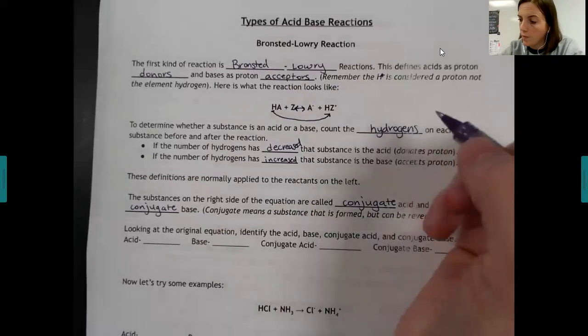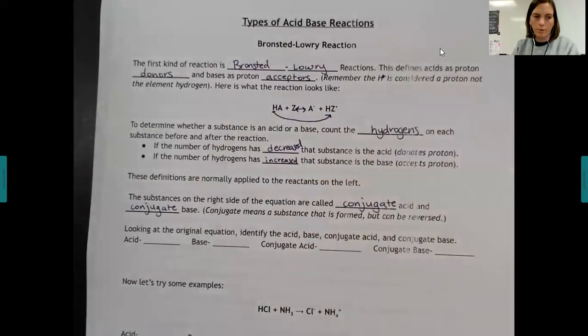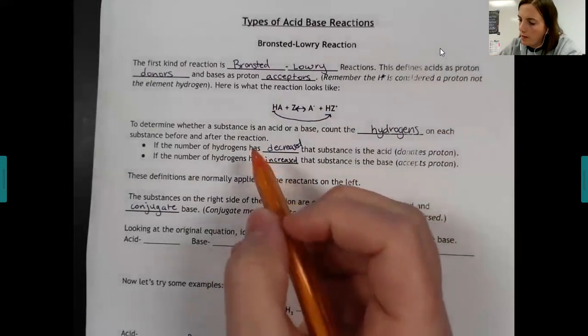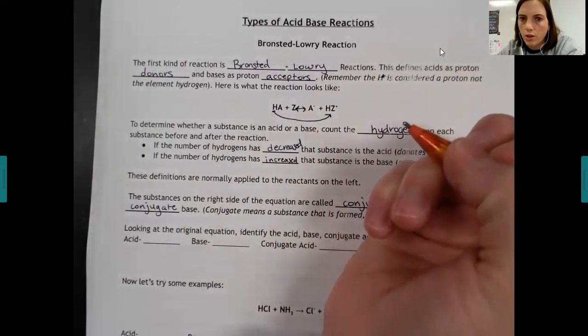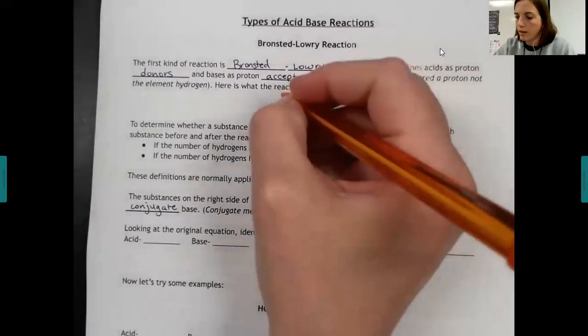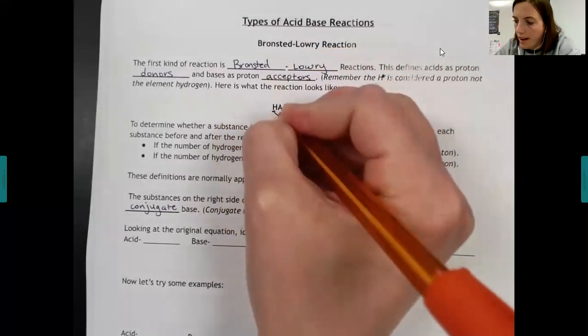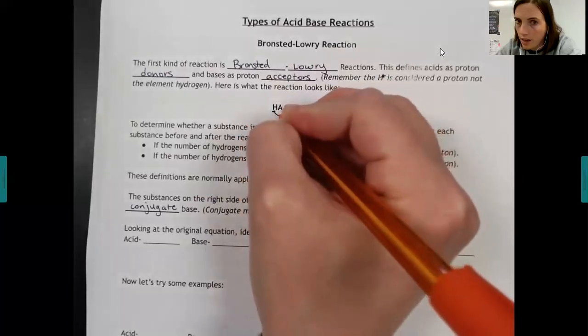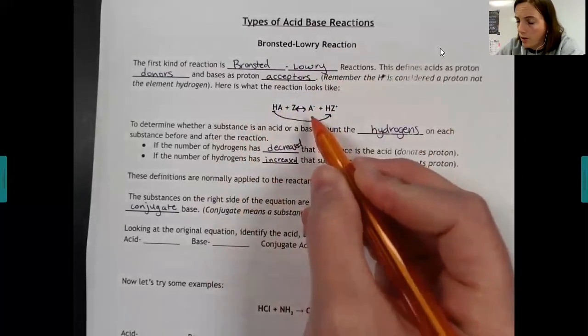Let me change my colors up. What I like to do is I have an A here on the left side of the arrow and an A here on the right side of the arrow.